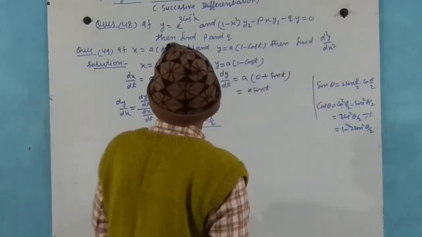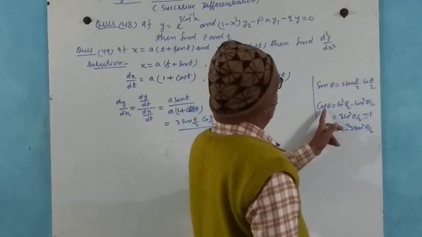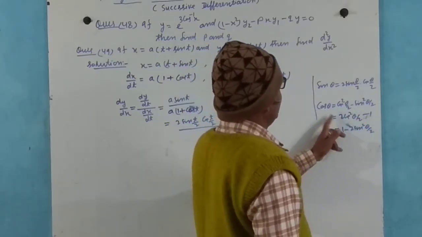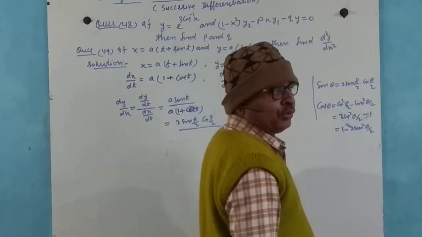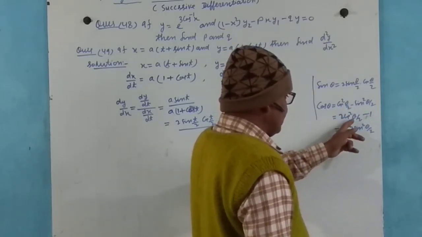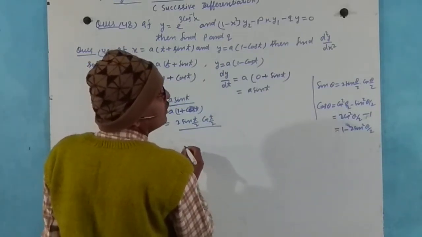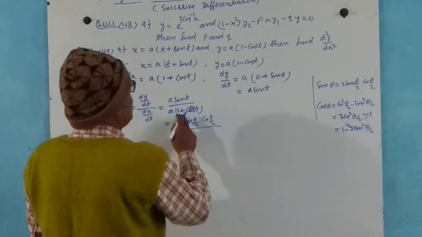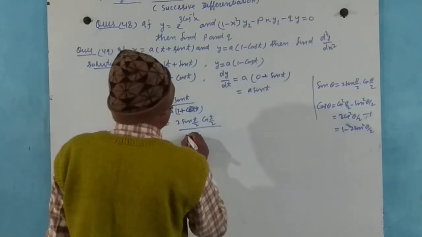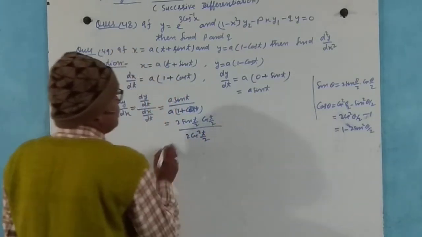In the similar sense, here 1 plus cos theta equal to 2 cos square theta by 2. Now 1 plus cos t equal to 2 cos square t by 2.